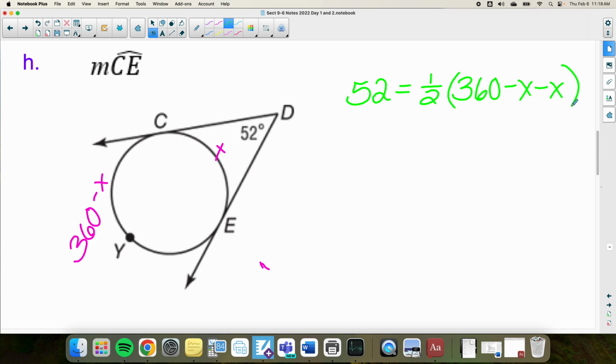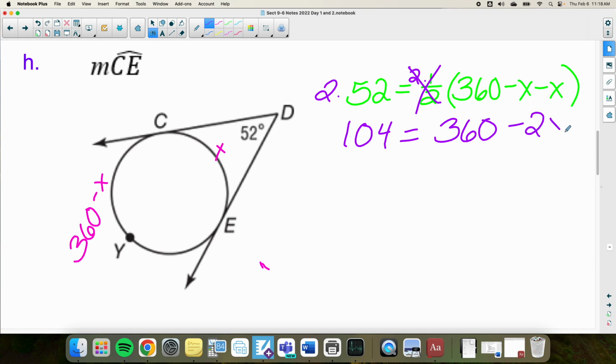Everybody understand that? Okay, now again, if I'm trying to get rid of that half, I'm going to multiply by 2, and I would get 104 equals, this is gone, and that's 360. What's minus x minus x? Minus 2x. Very good. Minus 2x.